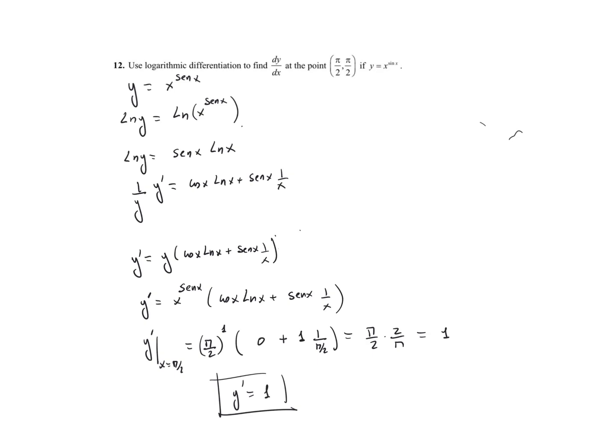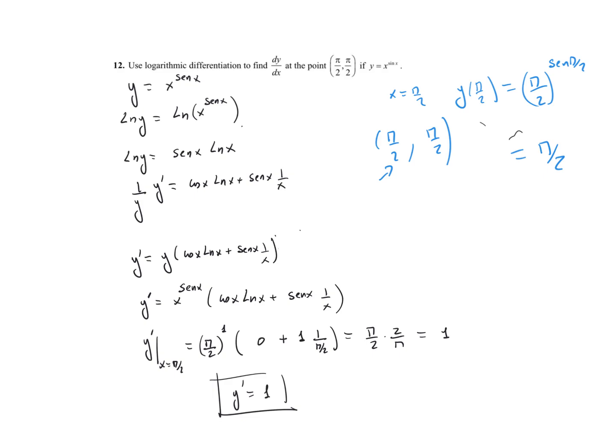So the point that we are considering is x pi divided by 2, y pi divided by 2. And they say to find the slope at the point x equal pi divided by 2.